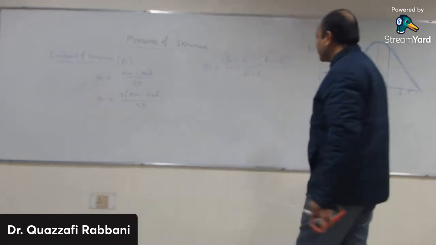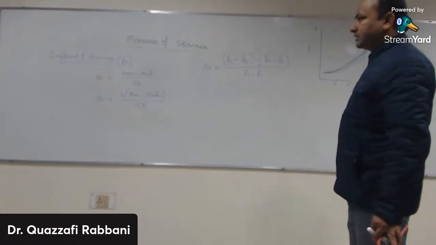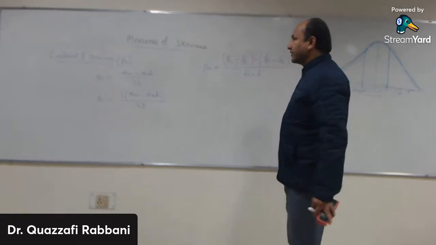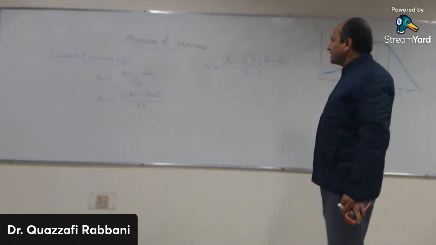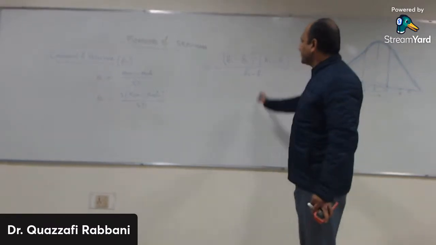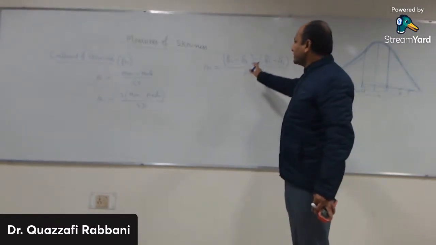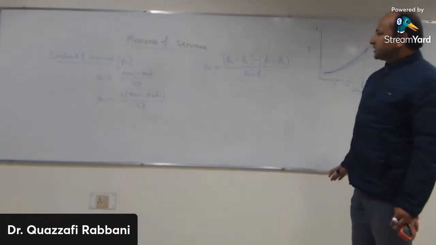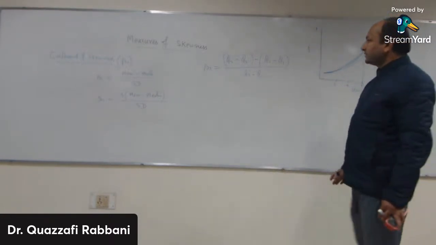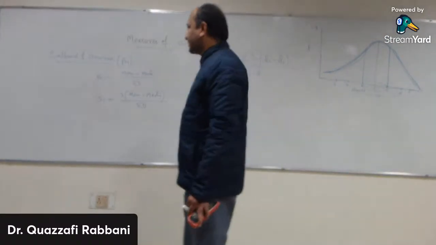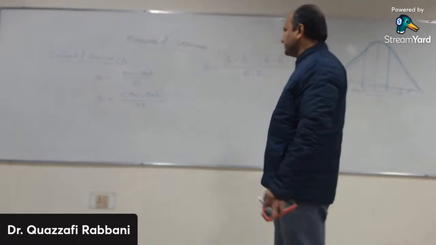So you can use this formula to find the skewness. If the value is positive, then the skewness is positive. If the value is negative, then the skewness is negative. If beta 1 is 0, then this is symmetric, not skewed.